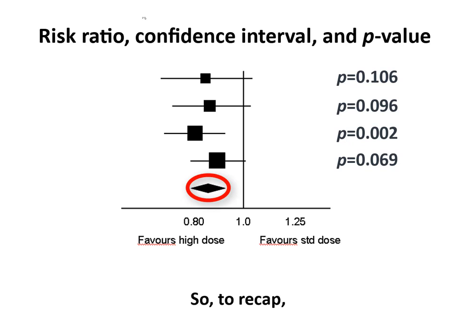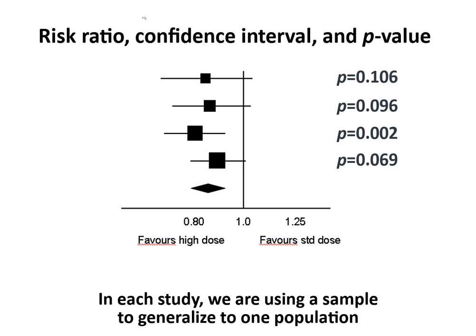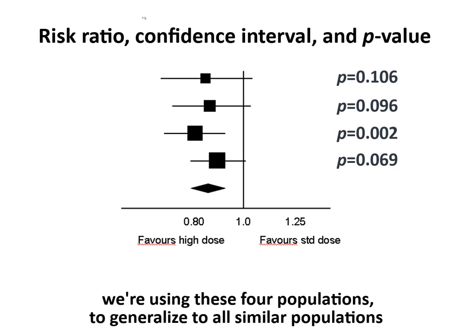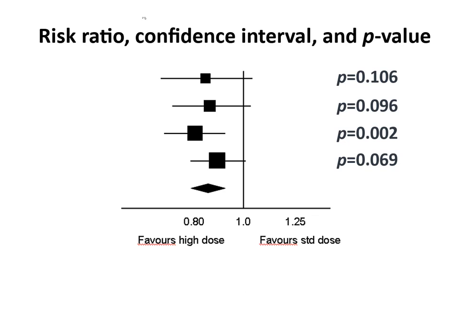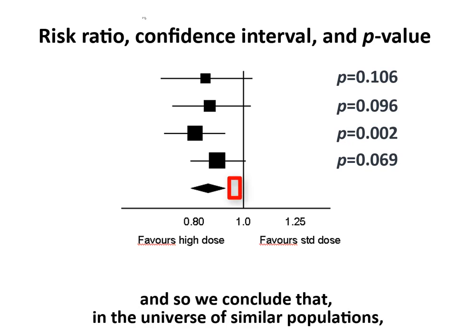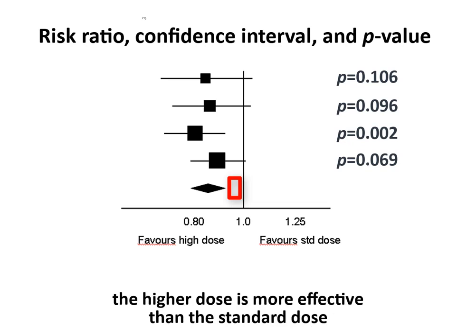So, to recap, in each study, we're using a sample to generalize to one population, and in the meta-analysis, we're using these 4 populations to generalize to all similar populations. The confidence interval for the mean excludes 1, and so we conclude that in the universe of similar populations, the higher dose is more effective than the standard dose.